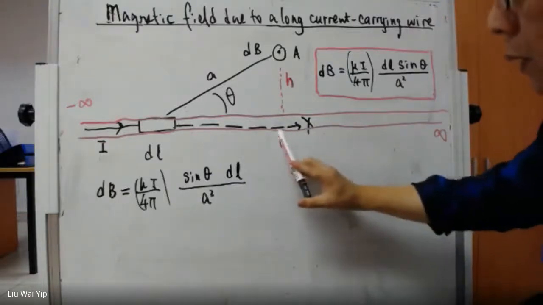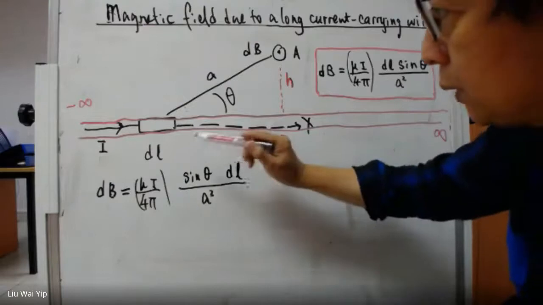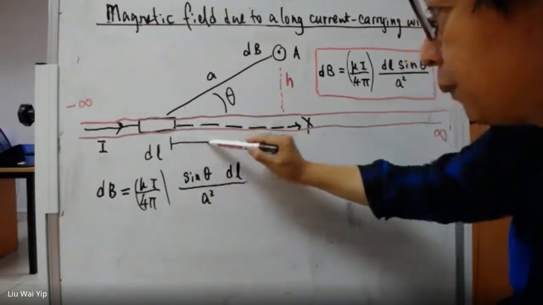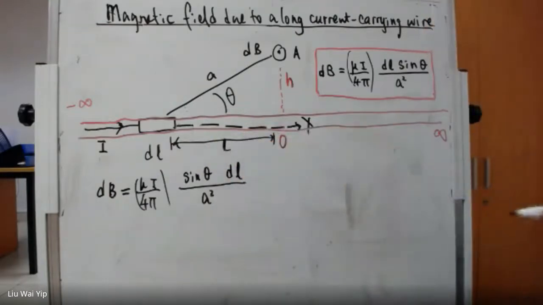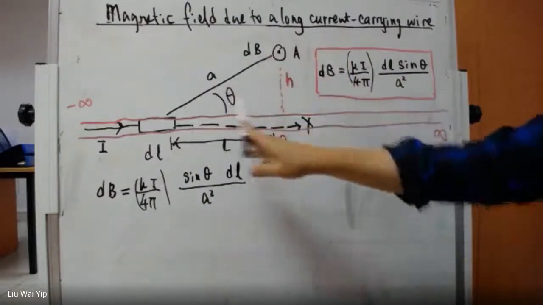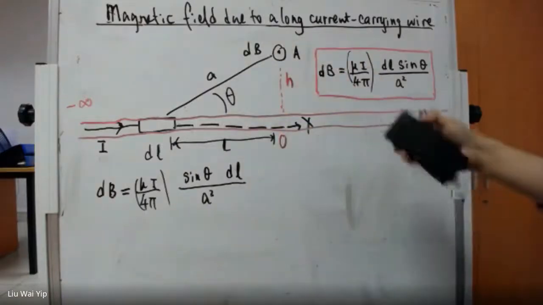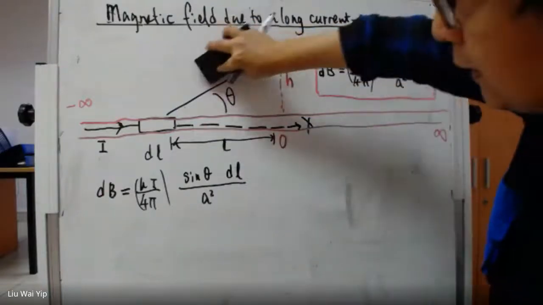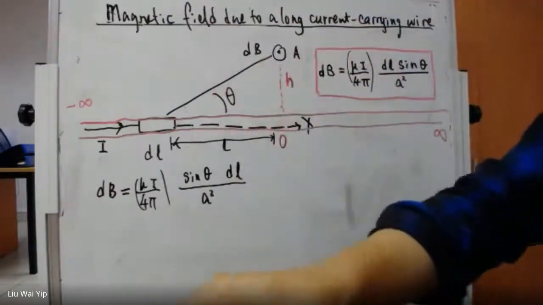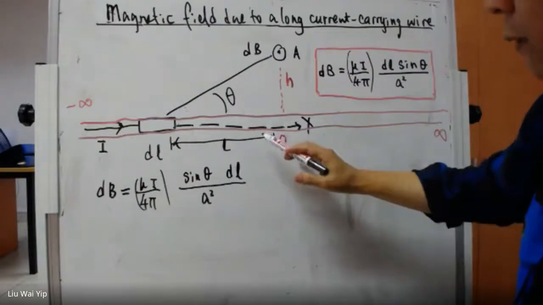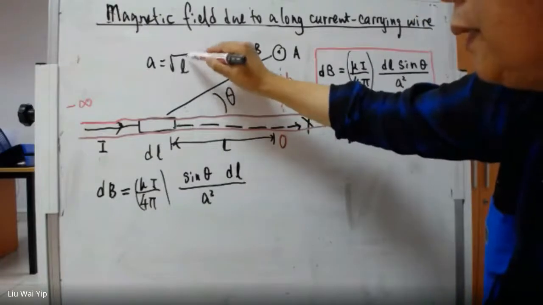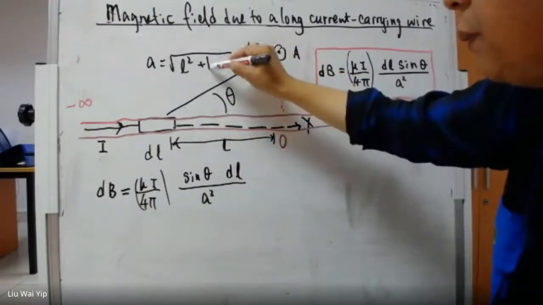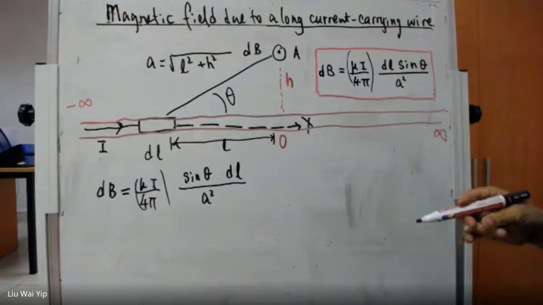Now let's assume the length here is L. According to what is presented on this whiteboard, the length a should be equal to the square root of L squared plus h squared because of the Pythagorean theorem.